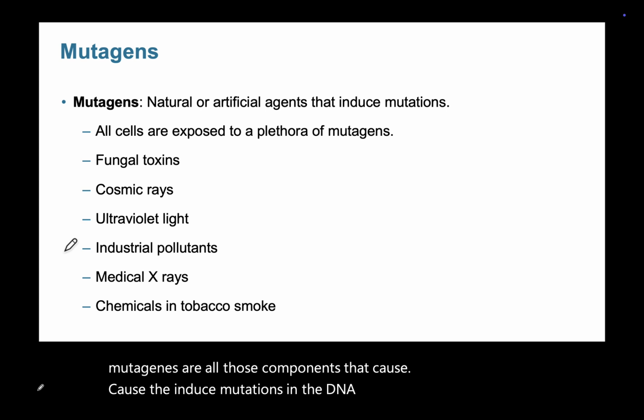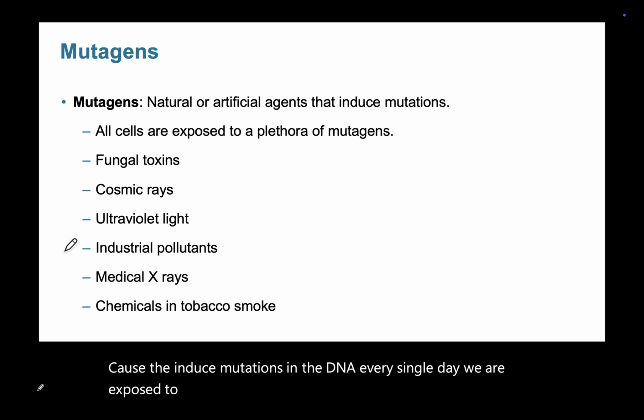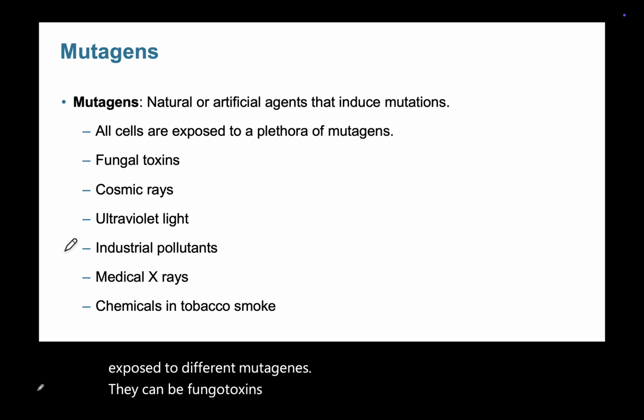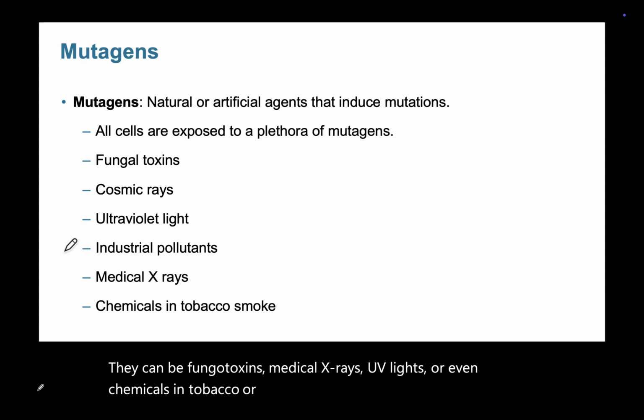Every single day, we are exposed to different mutagens. They can be fungal toxins, medical x-rays, UV lights, or even chemicals in tobacco or chemicals in the food that we eat.